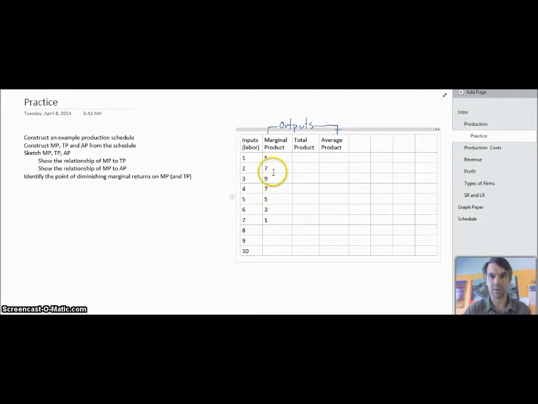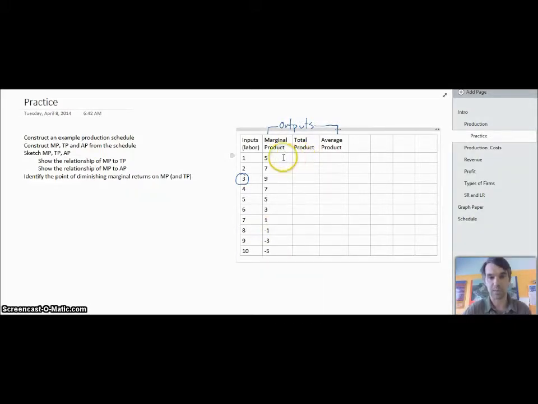Still we see increasing production. These numbers are still all positive, but 1 is smaller than 3, is smaller than 5, is smaller than 7, is smaller than 9. So it's this point here that is the highest point of marginal product. Therefore, after that point, we see the law of diminishing marginal returns.